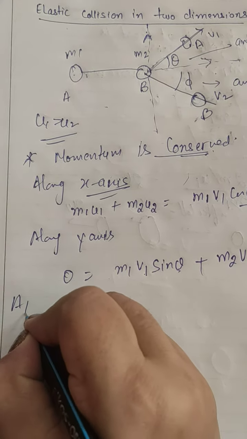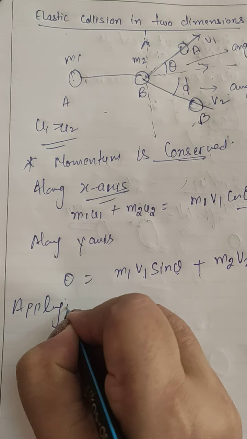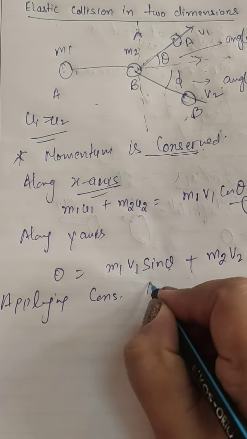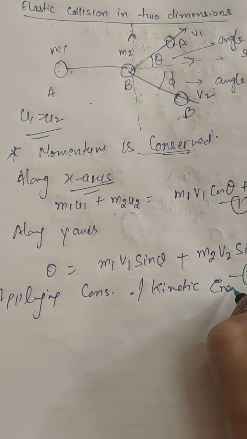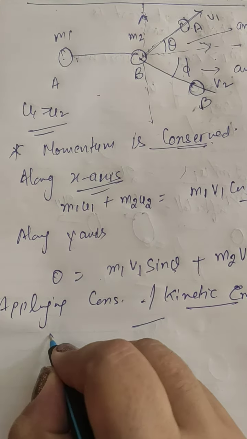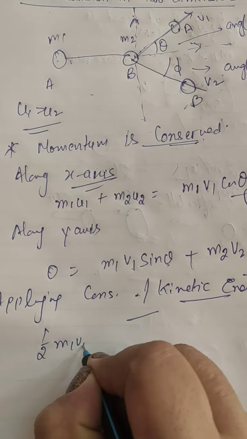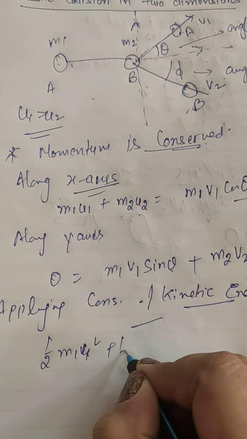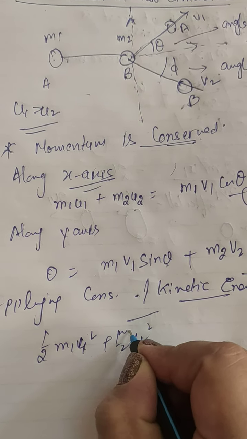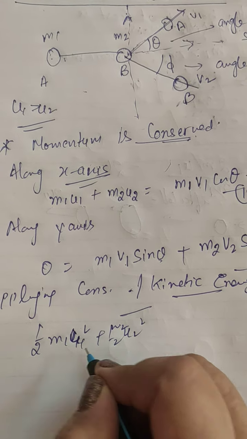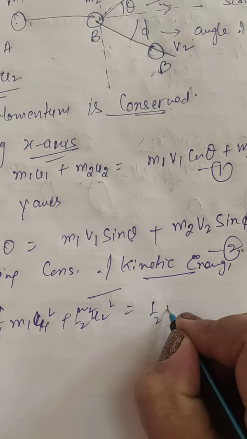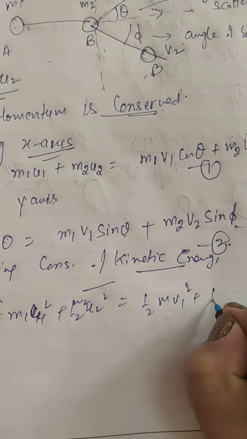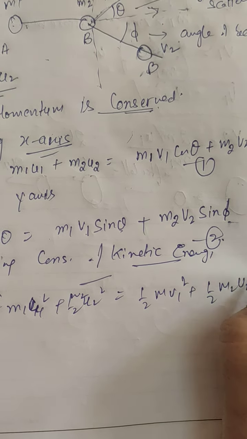Now applying conservation of kinetic energy: half m1 u1 square plus half m2 u2 square is equal to half m1 v1 square plus half m2 v2 square.